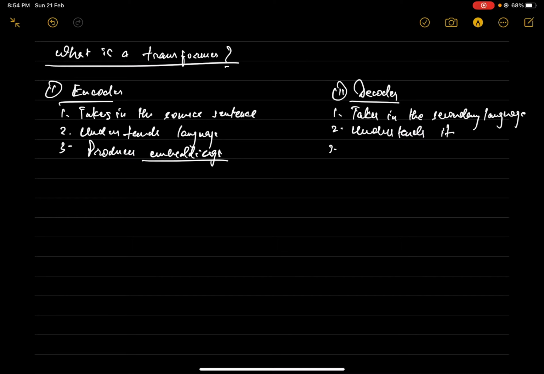Third, it correlates its understanding with the encoder embeddings. That is, it takes in the encoder embeddings as well and tries to correlate its understanding of the secondary language and the encoder's understanding of the primary language. That is, it basically tries to understand how the language is translated from one to the other.